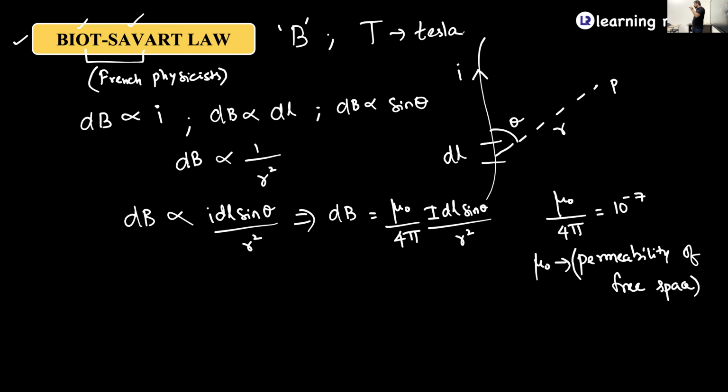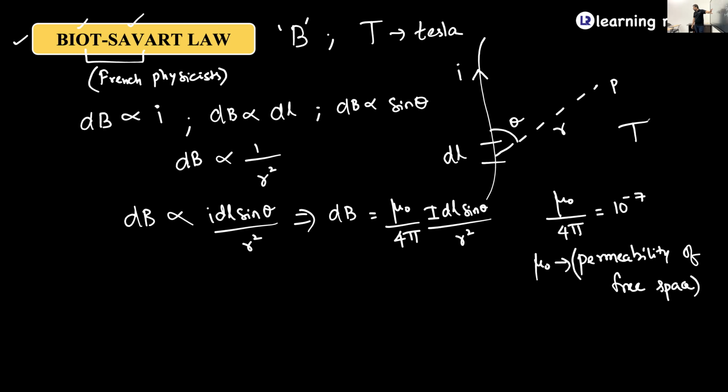Nikola Tesla. So it's derived from there. Since it's the name of a scientist, it's written in capital T. Okay. So magnetic field is measured in Tesla, right? So the left hand side is Tesla.